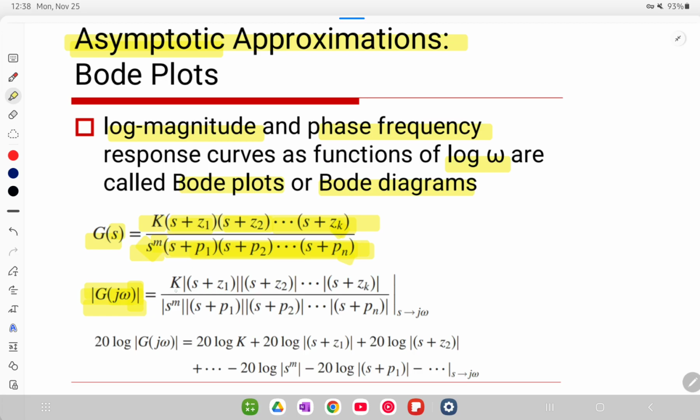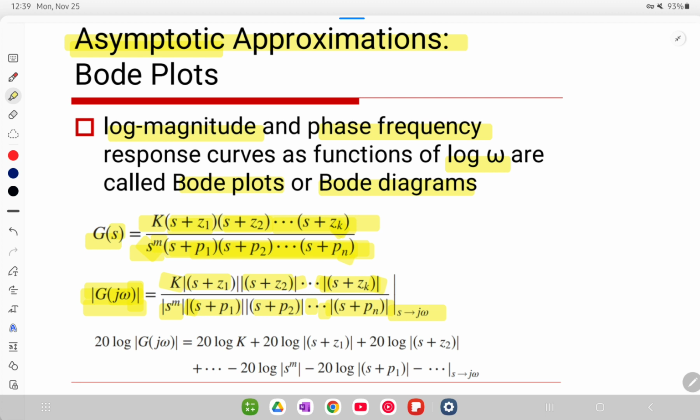How do you do it? K comes as it is, and then you find the absolute value of each factor and multiply them all, and the absolute value of S to the M in the denominator, divided by the poles, all the way. That's how you replace S with j omega.